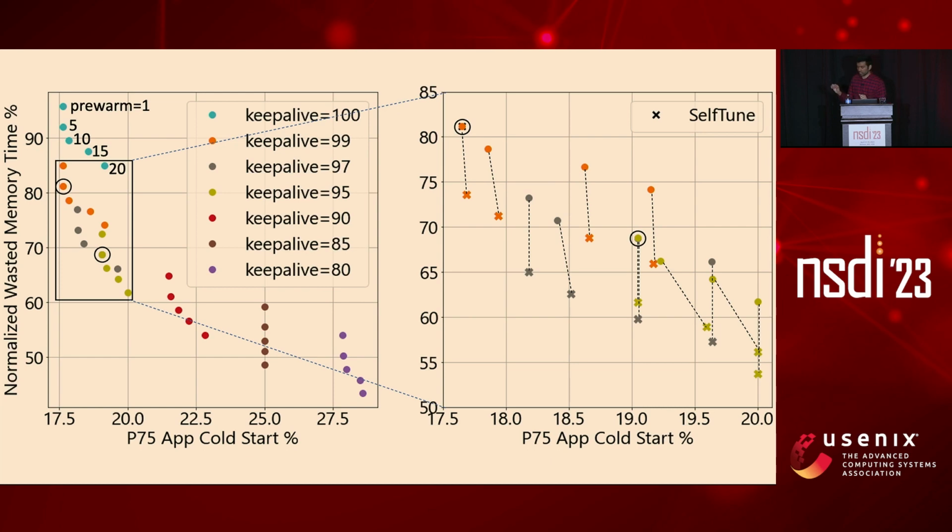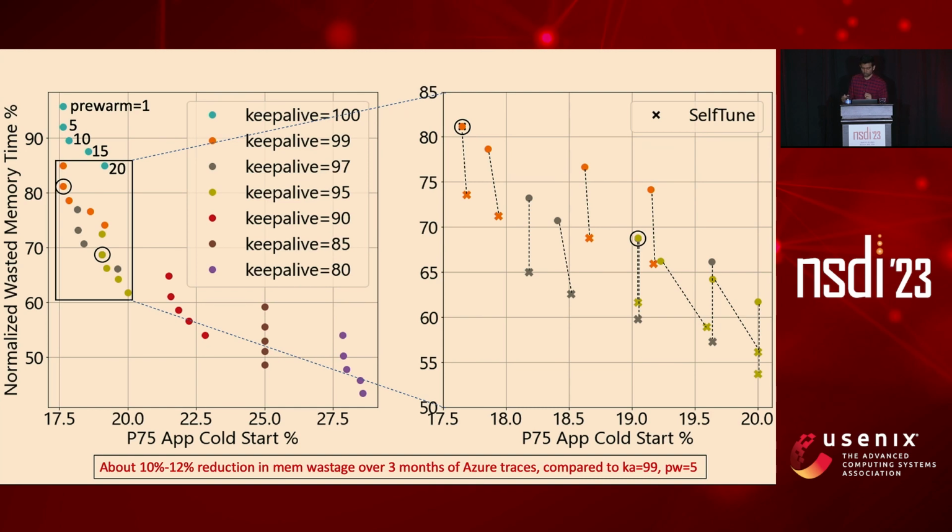The circles are these pre-configured configurations, and these are the starting points for SelfTune, and the crosses are the configurations that SelfTune arrives at. And we see that in most of these cases, there is a 10 to 12% reduction in memory wastage for an insignificant increase in the cold start percentage, which is very encouraging, and proves that application level tuning can really help.